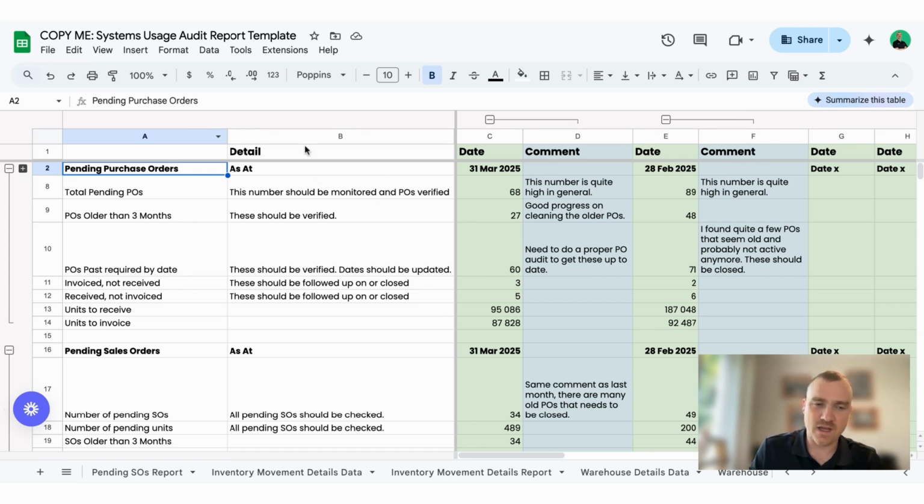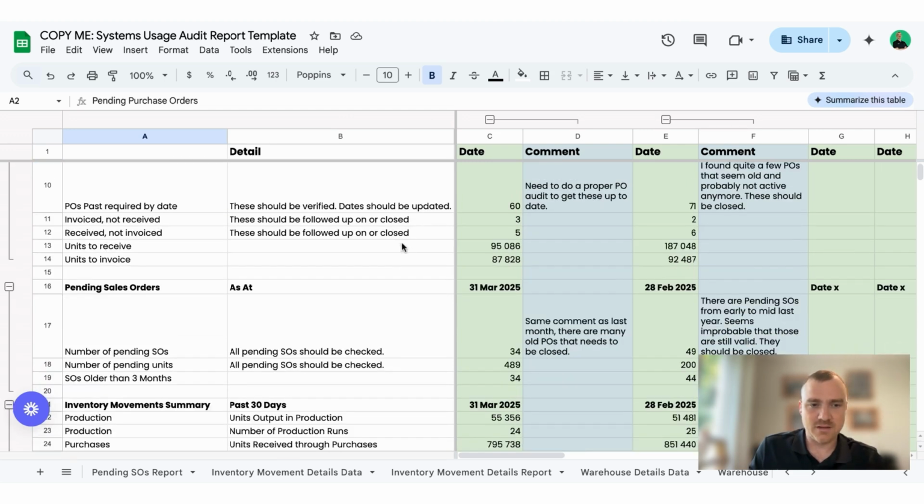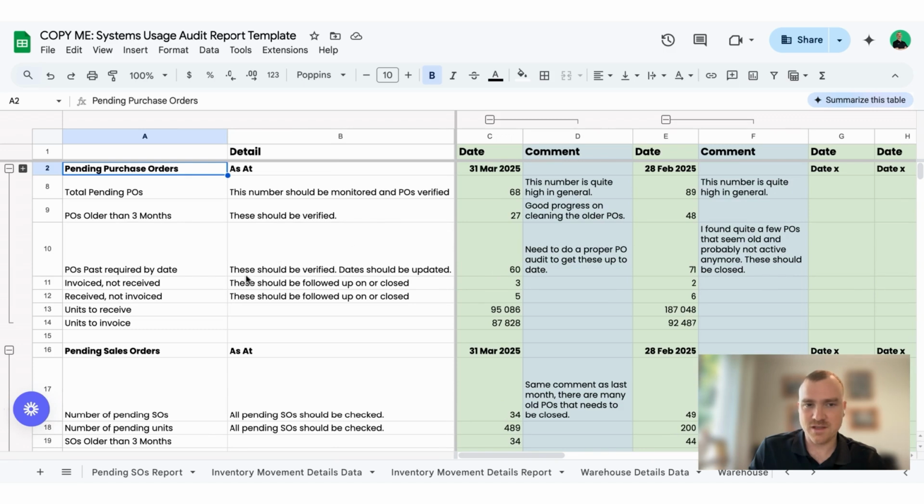So yeah, the hygiene on the pending purchase orders and the pending sales orders are very important. And I think really these are the two main pillars of our usage report. Next, I'll look at the inventory movements and the warehouse details in the next section.